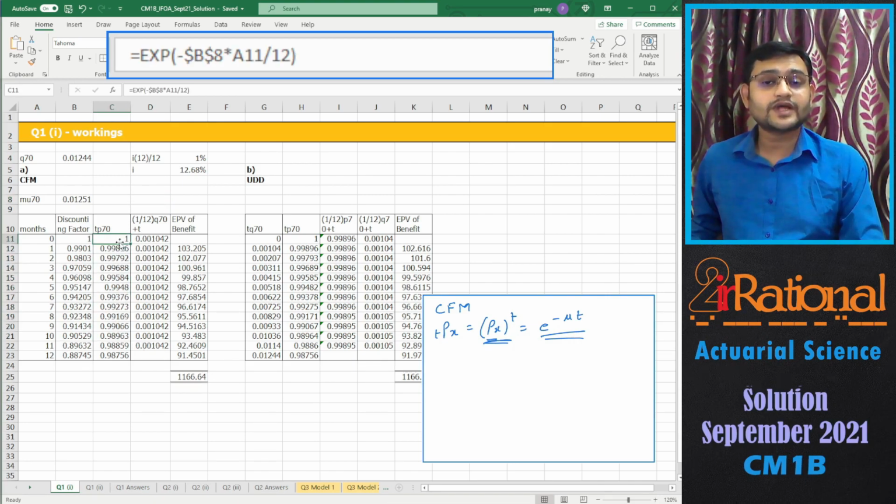That is going from time 0 to time t. So simply e raised to, you can see here I have e raised to minus mu and then just the time.